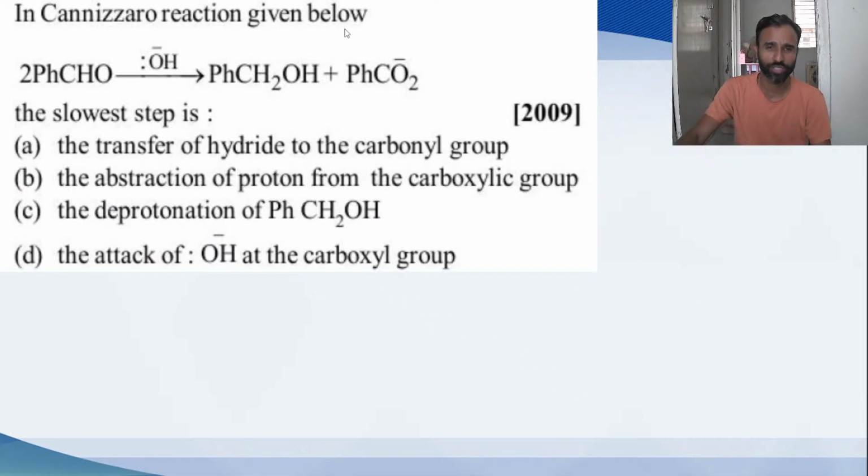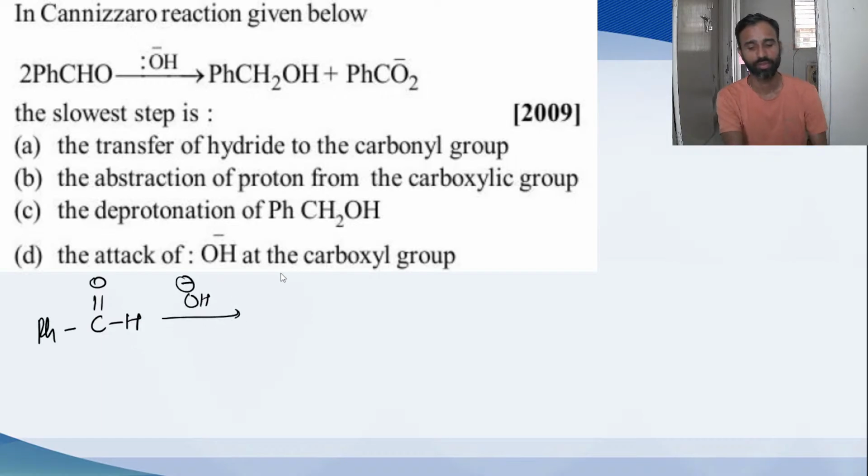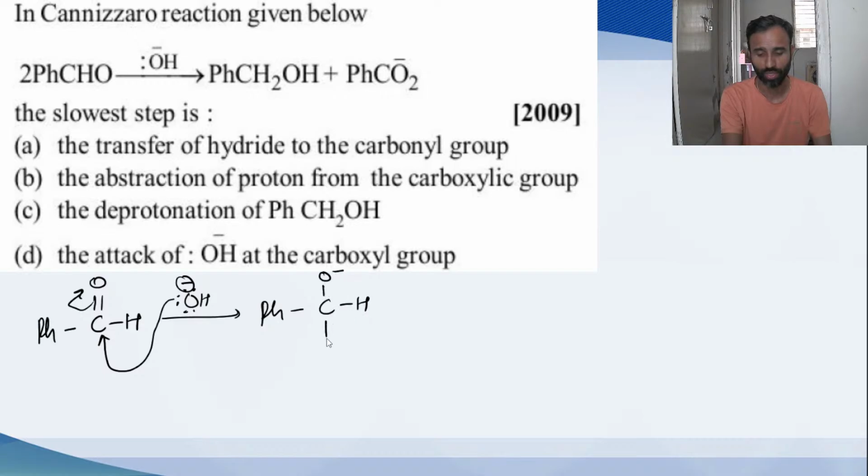Next, in Cannizzaro reaction, given below, the slowest step is, yes, beta. What is the slowest step in this case? I have written the mechanism in one of the reactions. I'm writing it again. First of all, OH negative ion attacks one of the aldehydes, and we get this product.